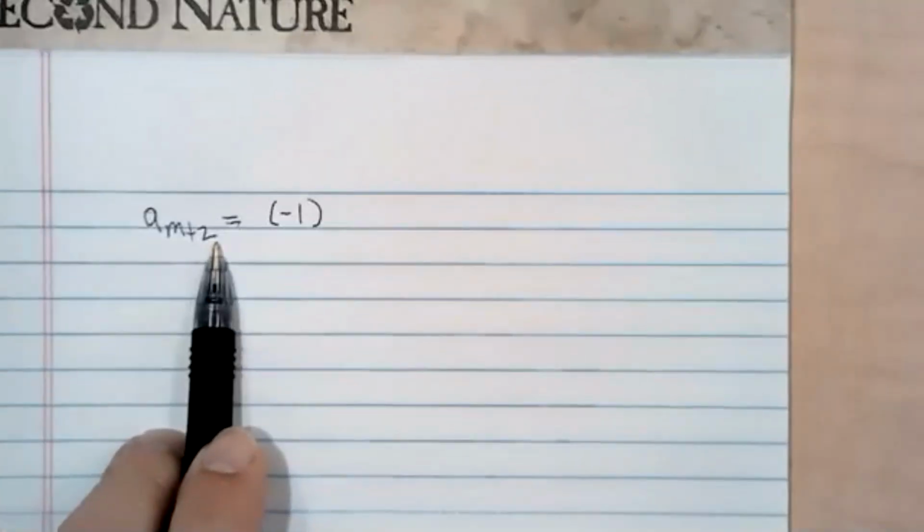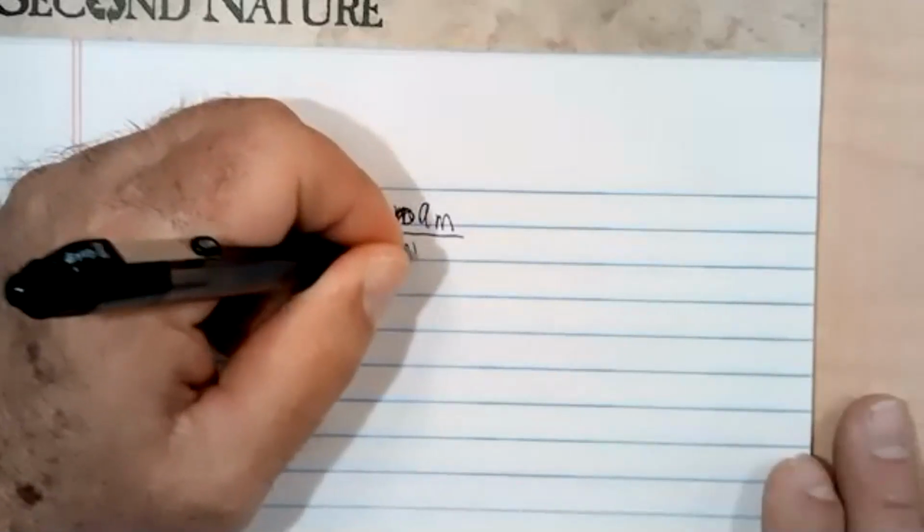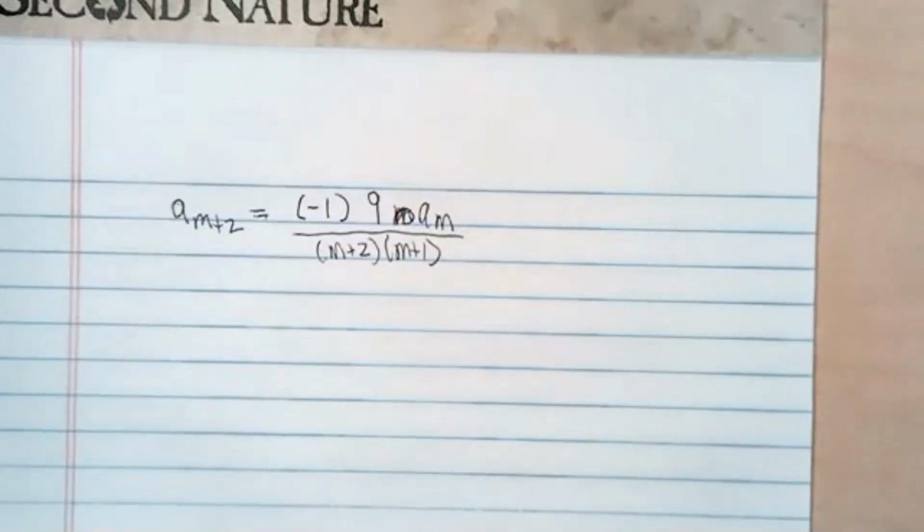When you solved that for A_(m+2), what did you get there? I got -9 A_m over (m+2) times (m+1). That sounds correct to me.